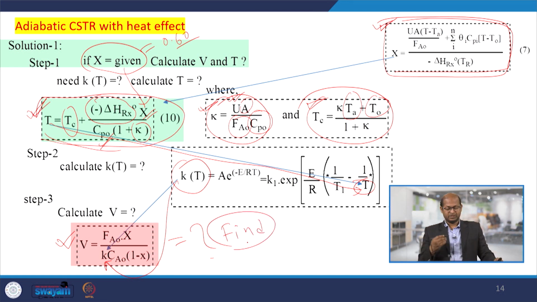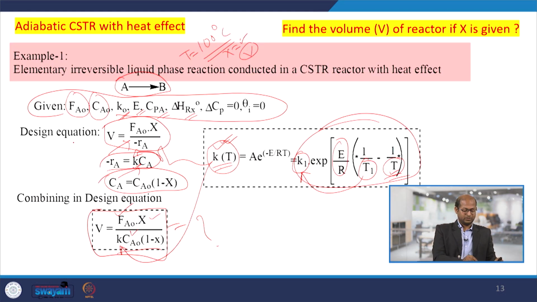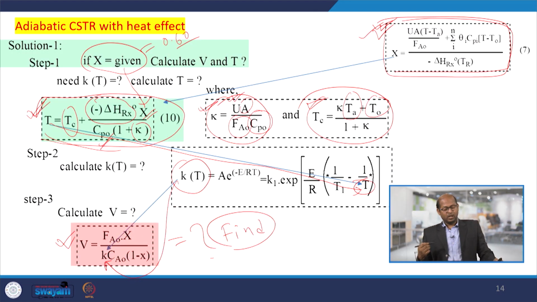So, this is the way, step by step. Using the energy balance equations and the mole balance equations, or the CSTR design equation, or material balance equation, you have to use this design equation, where you have to put the K value, and to get the K value we need to know the temperature. To know the temperature, we have to express this energy balance equation this way, and find the kappa and Tc values by putting in all the known parameters.